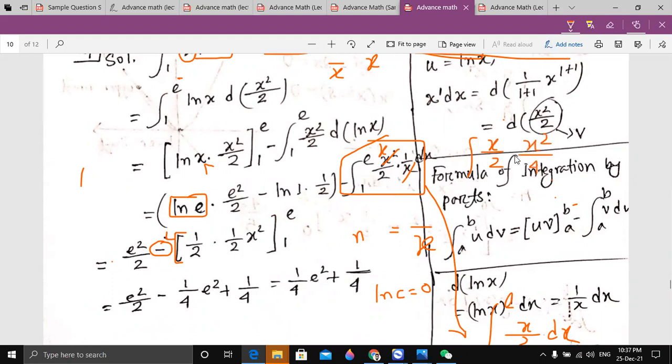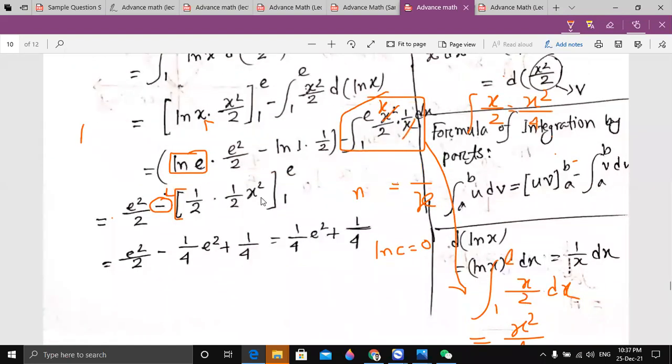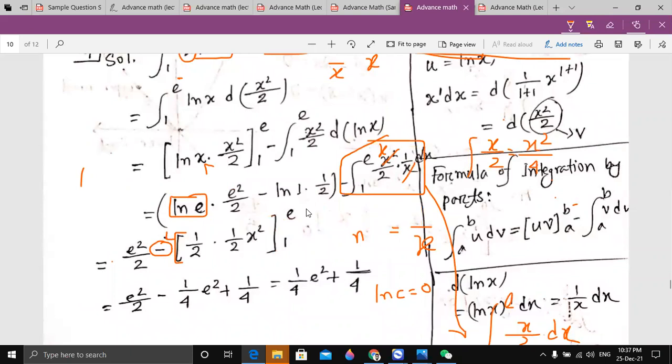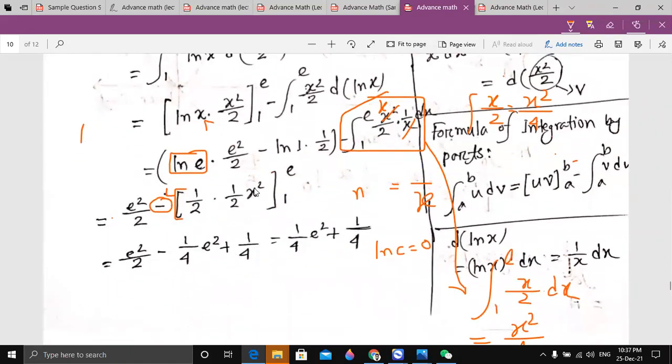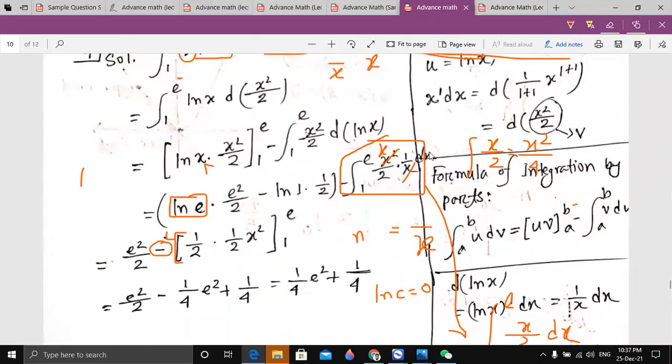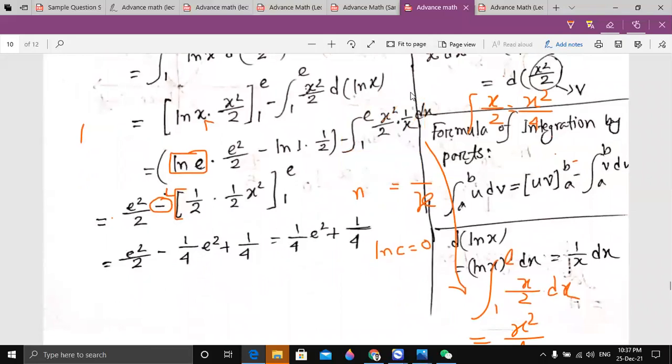That's why we write here x square by 4. That means 1 by 2 into 1 by 2, that means 1 by 4. So x square by 4 will be fine.